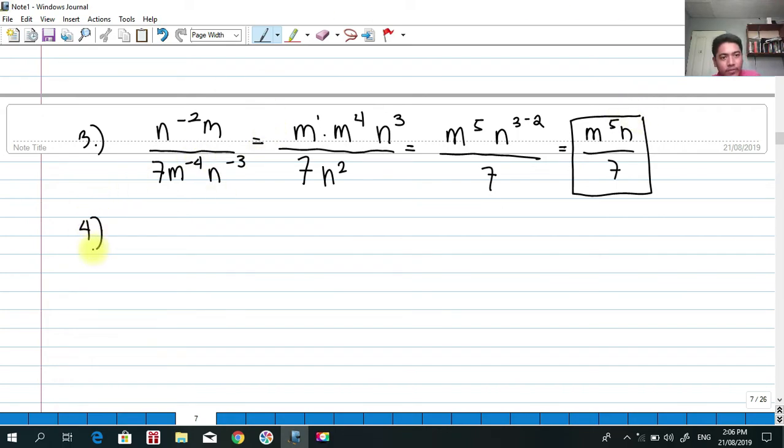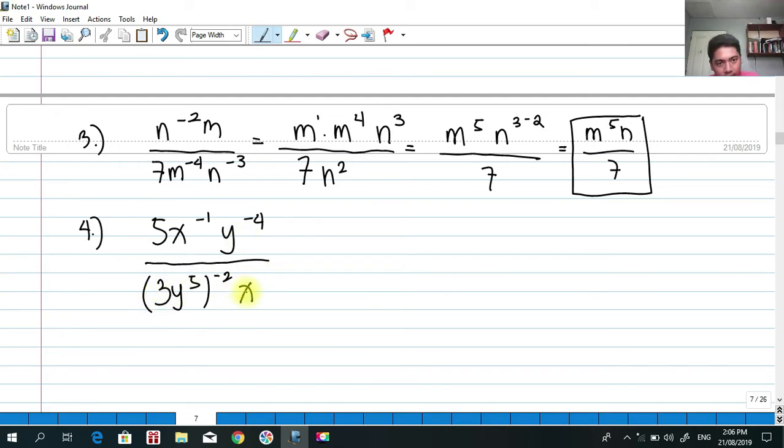So we have number 4. We have 5x raised to negative 1 y raised to negative 4 over 3y raised to 5 raised to negative 2, x raised to 9. So what are you going to do here?